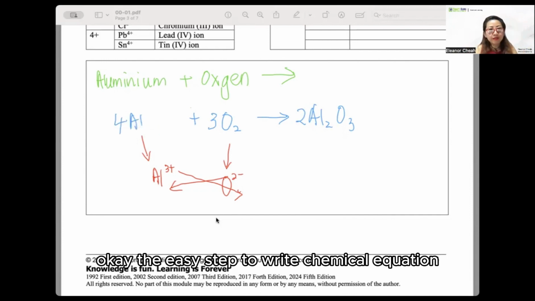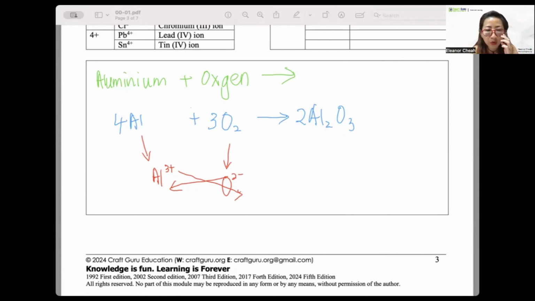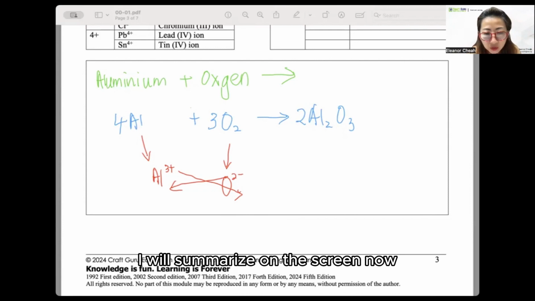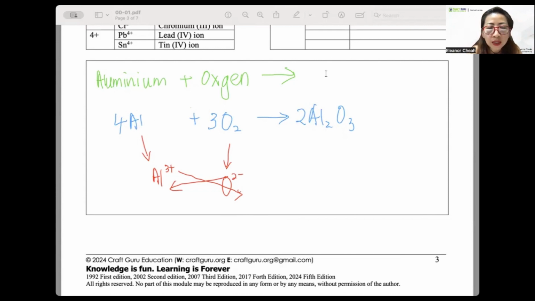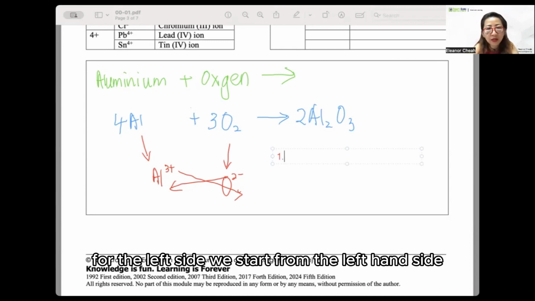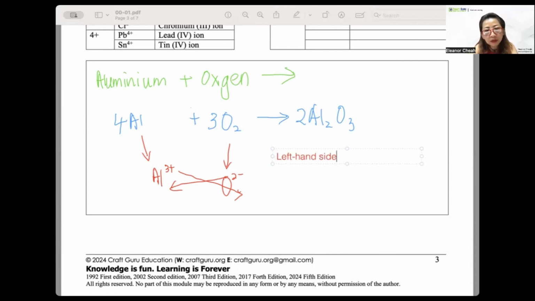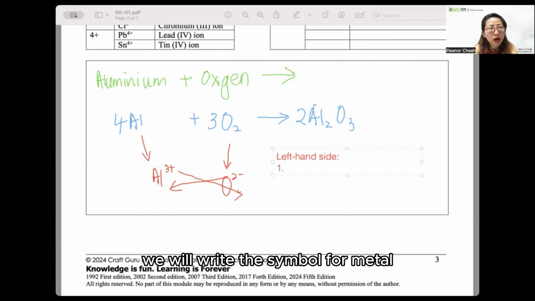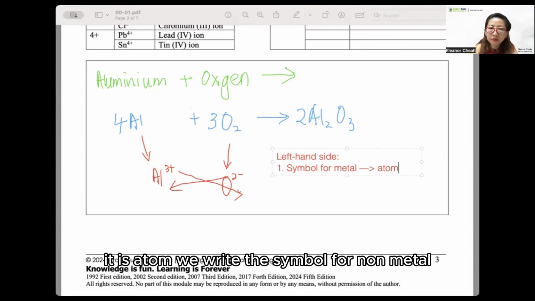Okay, the easy steps to write a chemical equation, I will summarize on the screen now. Step number 1, we start from the left-hand side first. We write the symbol for metal. It is an atom.